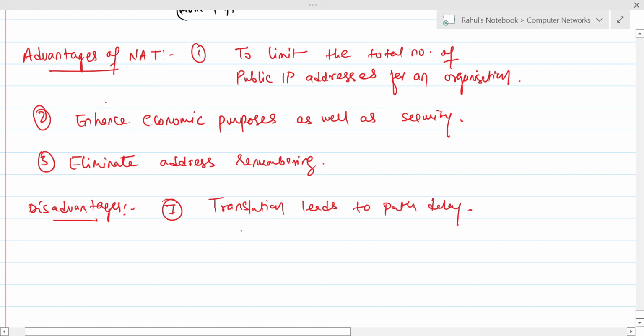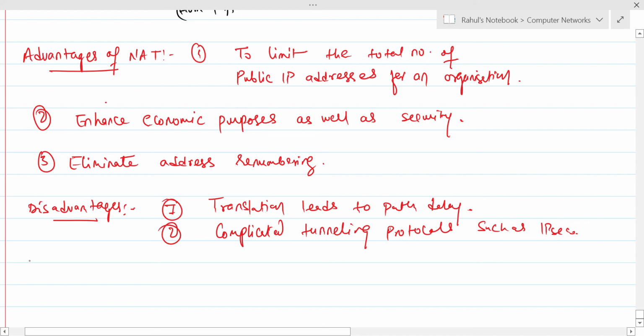And the second one is complicated tunneling protocols such as IP security will be used just to make it secure. Basically it is used inside the router. IP security is a kind of tunneling protocol used for security purposes. So this is going to delay things. These are some disadvantages.